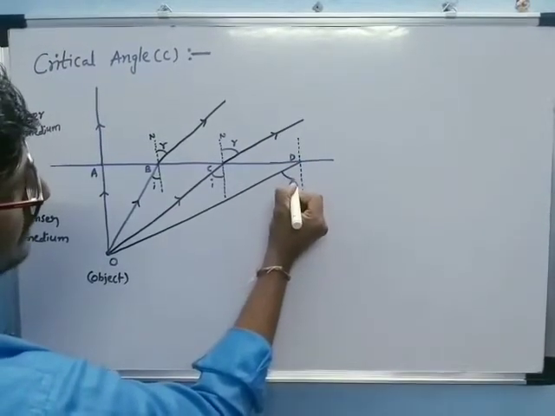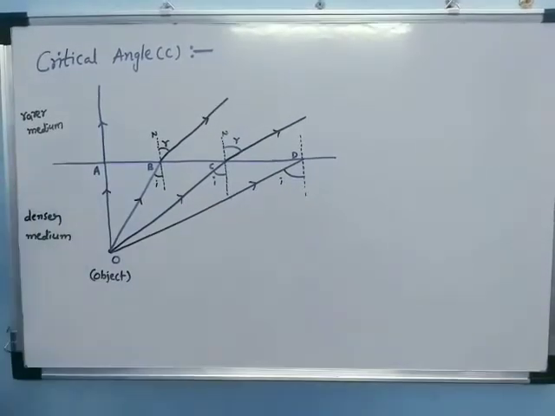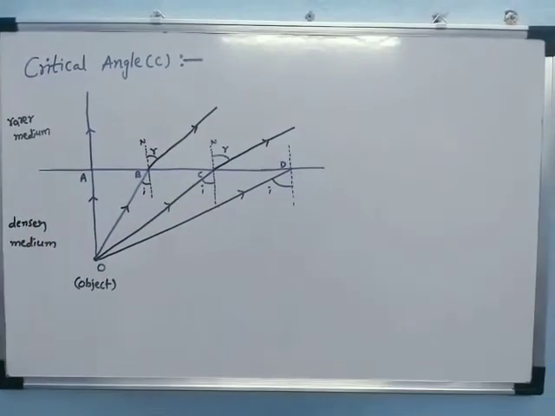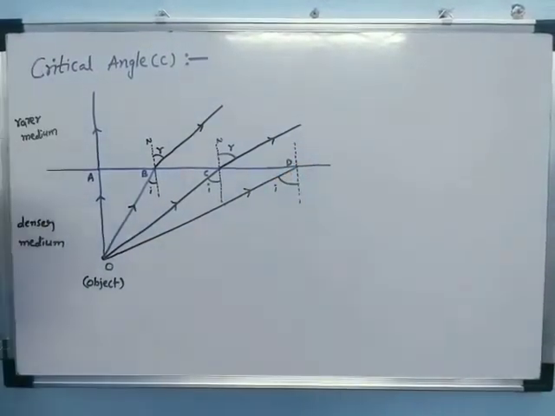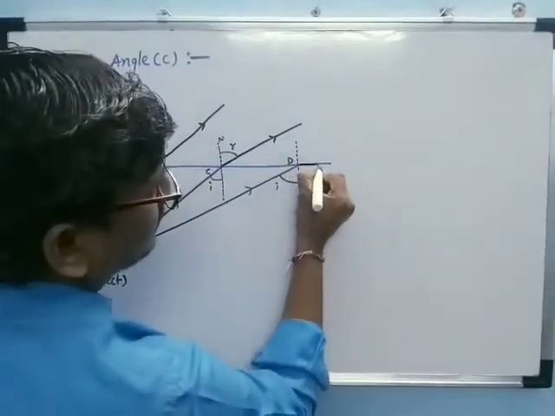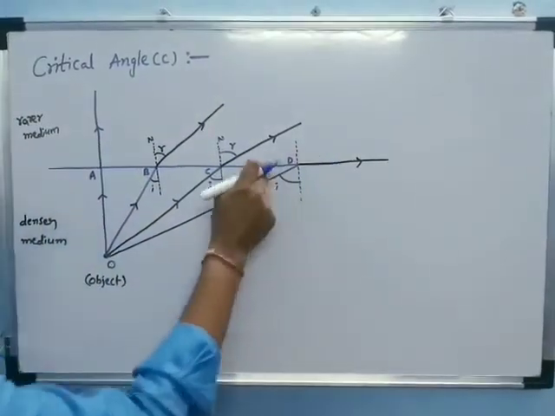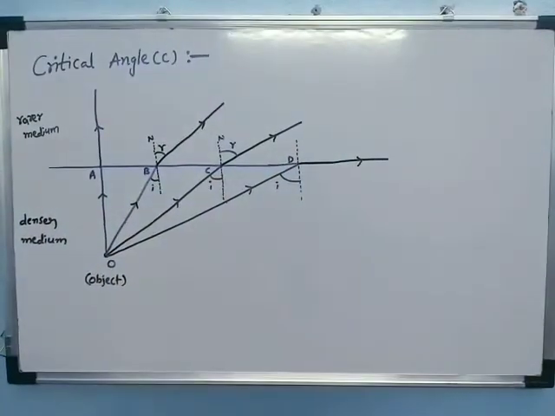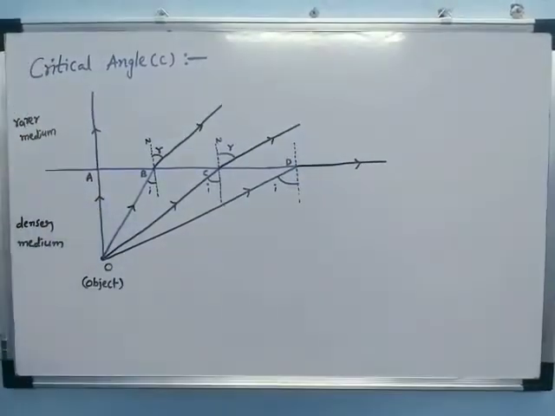This angle of incidence is I, because the angle between the incident ray and the normal is called the angle of incidence. But here the refracted ray passes along the surface separating the two mediums.